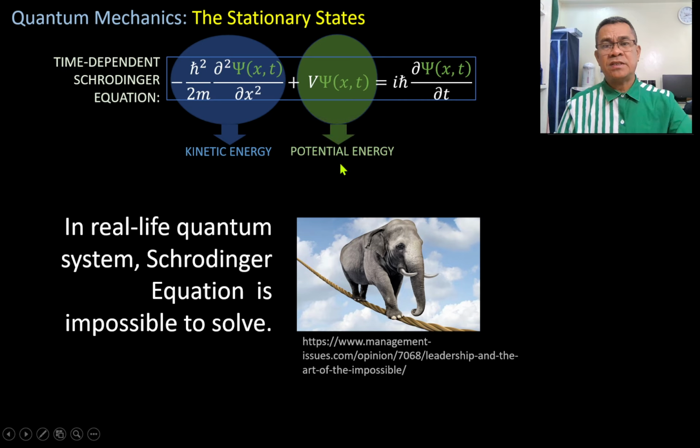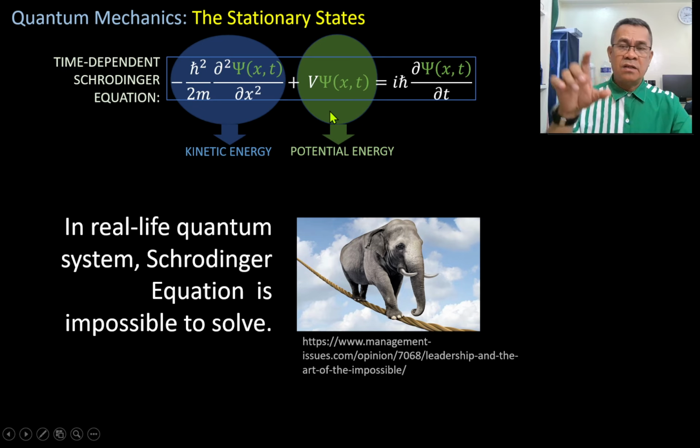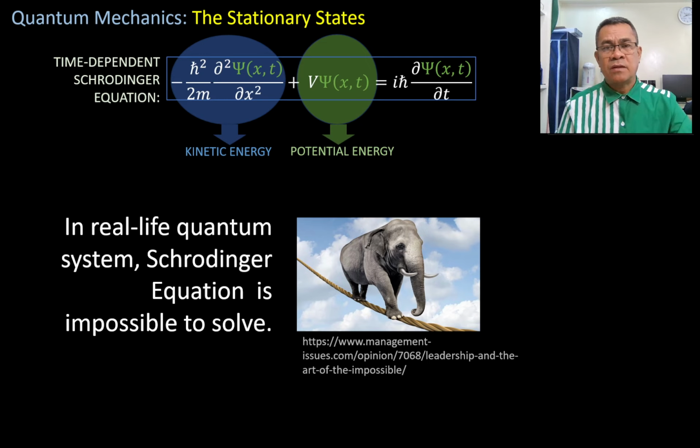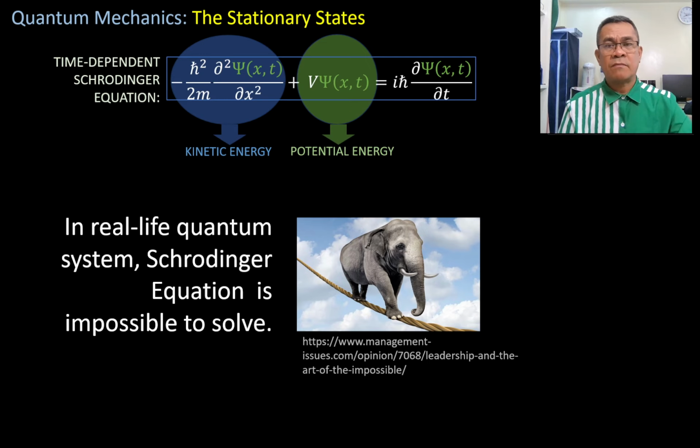The second term is the potential energy. This is the electrostatic interaction between the particles in the quantum system, meaning the interaction between electrons and nuclei, and also electron to electron interaction. So we have the electrostatic effect of the electron-electron and also the nuclei-nuclei effect, and all of them are a function of position and time.